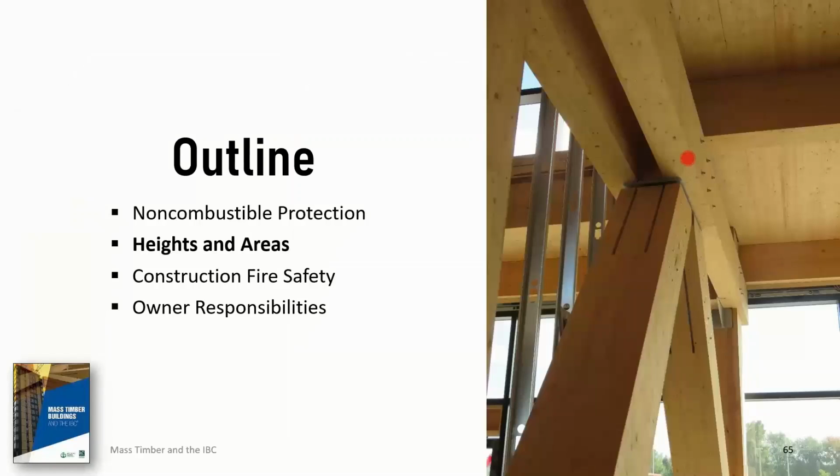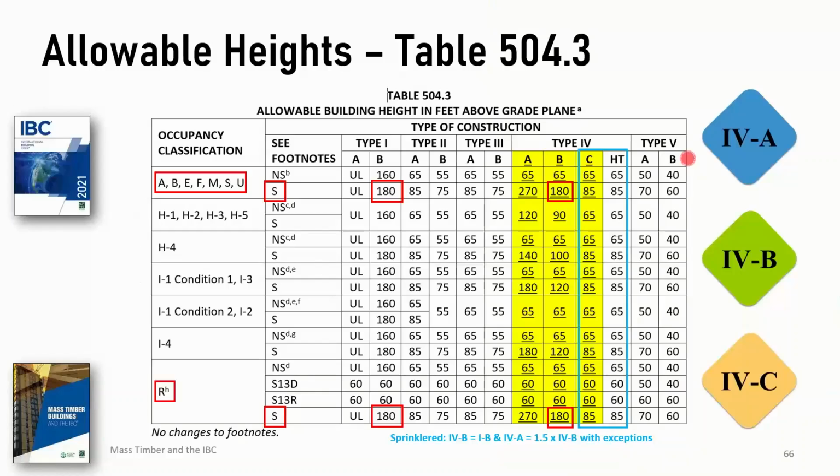So now finally, we're going to actually step into what are the numbers that are the result of all this protection and research that's gone in. And I'll start by saying you use the exact same formulas for height and area that you already are using in Chapter 5. And you use the same tables.